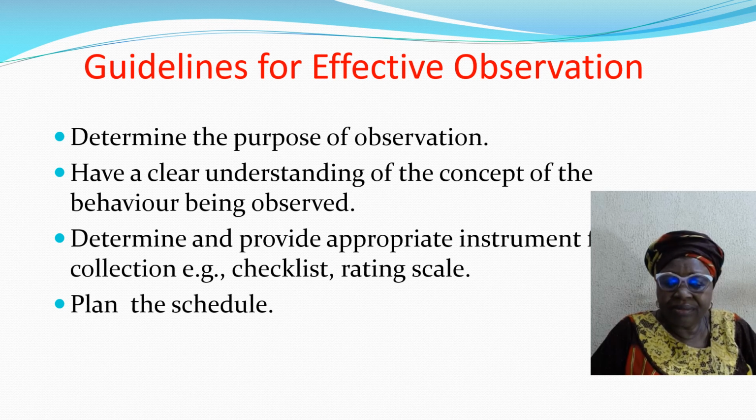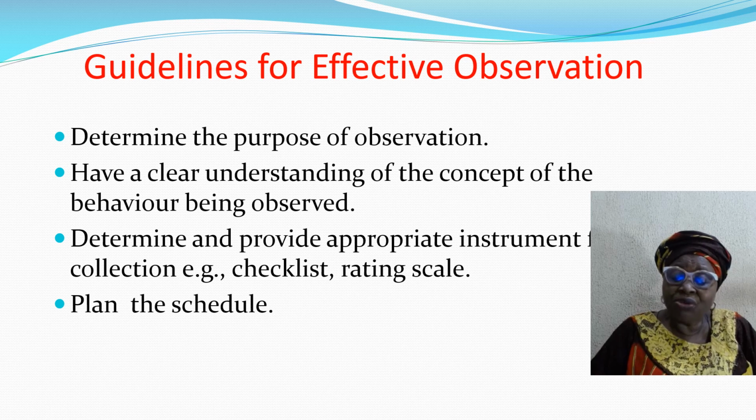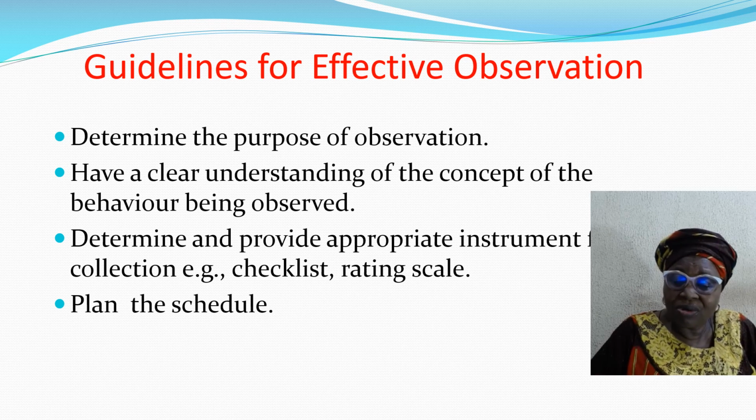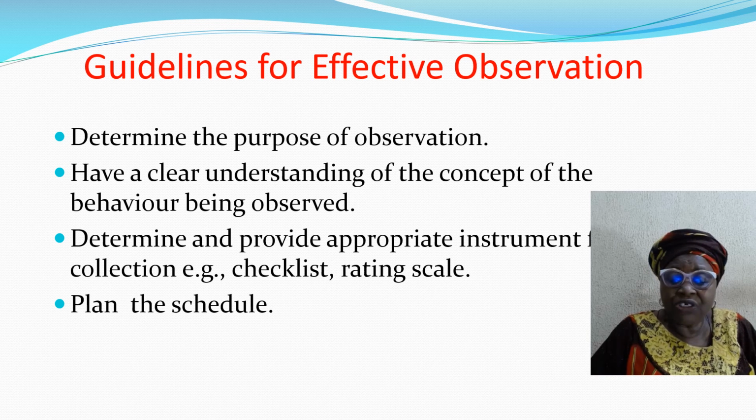Plan the schedule. See, in observation, you are going to watch. You have to be sure of the trait, the proper definition of what you're observing, so that you will be able to know when it occurs, or when the situation presents itself for you to rate or check.